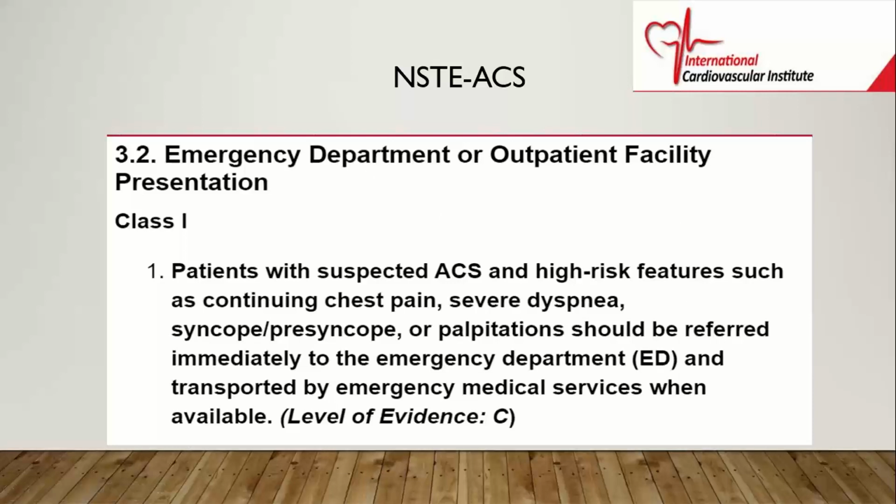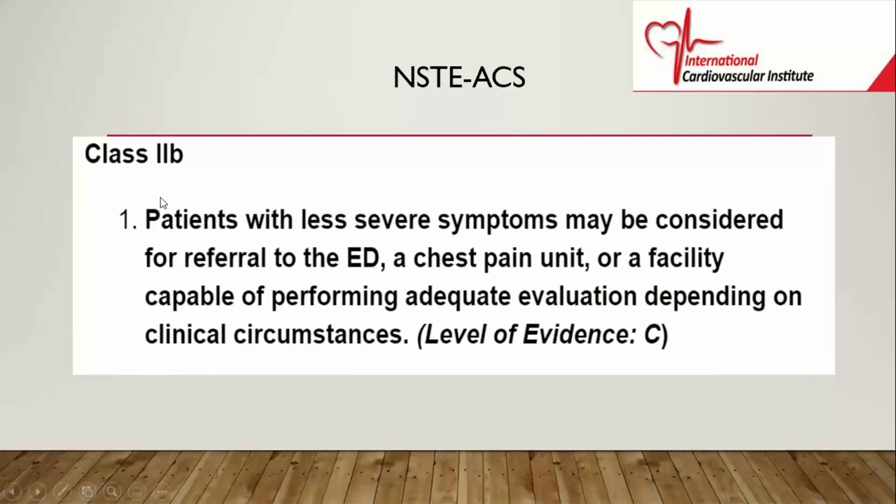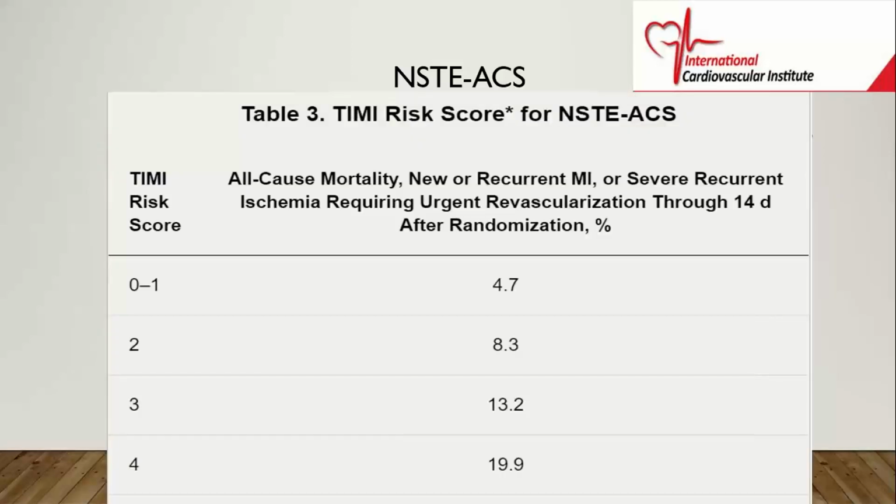So this is if they present in the doctor's office. A lot of these patients are going to go to the ED, the emergency department, directly. So if you see the patient in the doctor's office and the symptoms are not as dramatic, then you have a little bit of time, they can probably use their private vehicle to get to the ED, or you can even refer them to a chest pain center.